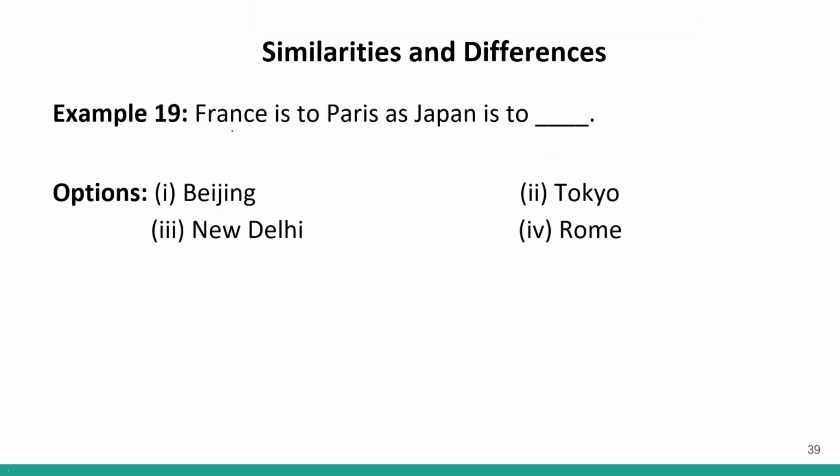Now, France is to Paris as Japan is to what? If you know, Paris is the capital of France. Similarly, Beijing is the capital of China. New Delhi is the capital of India.